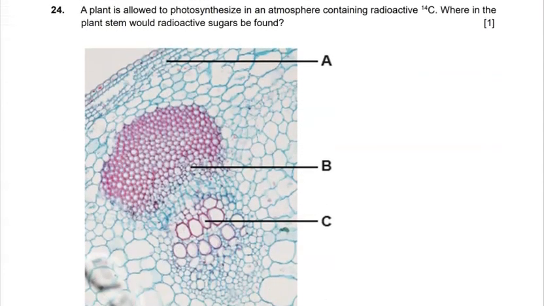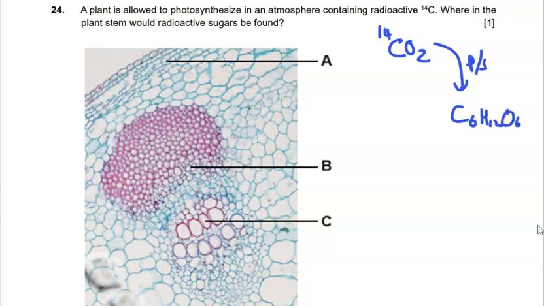Into question 24. A plant is allowed to photosynthesize in the atmosphere containing radioactive carbon-14. So the carbon dioxide will be in the form of carbon-14, and through photosynthesis it will end up as C6H12O6, and the carbon would be on the sugar molecule as a simple example.